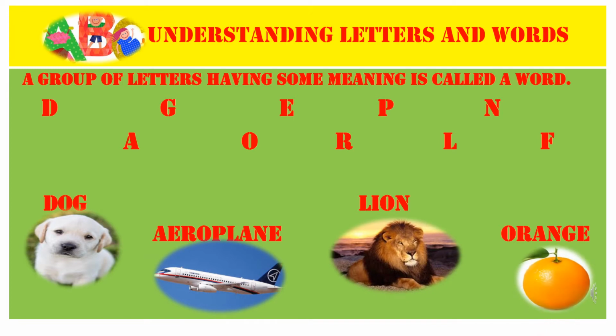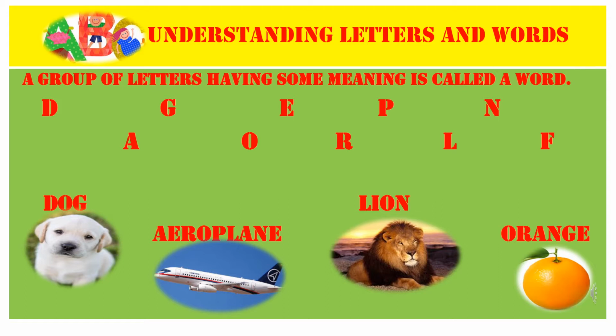So let us understand what are letters and what are words. In fact, we are going to learn the difference between letters and words. A group of letters having some meaning is called a word.